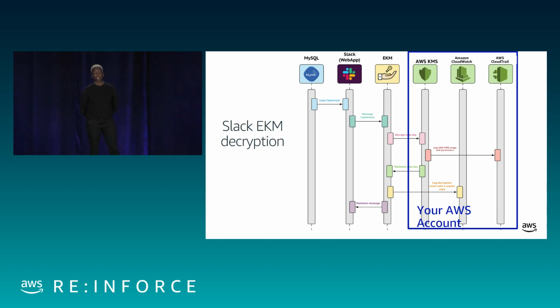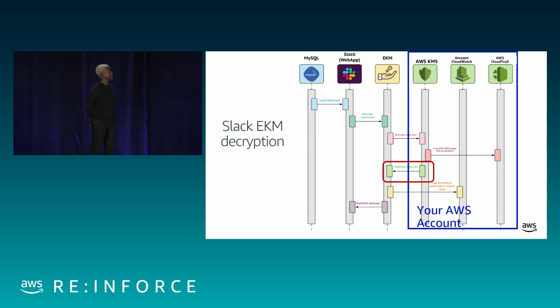You're on your sales workspace. You want to read hello world. The MySQL database loads up the ciphertext. We realize it's encrypted, so we send that cipher blob over to the EKM service. The service then makes a request to KMS to decrypt the data key. Again, that action is logged into CloudTrail.